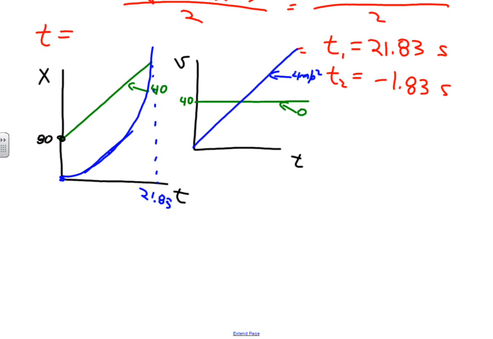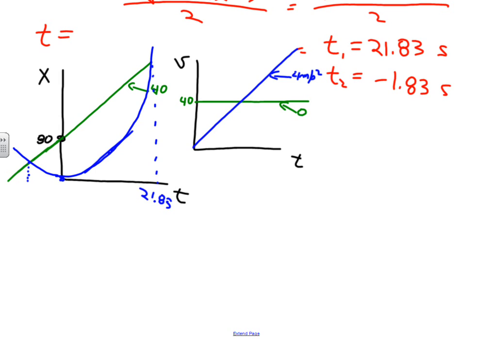I just wanted to show you something kind of neat here, and that is this. If the cop was accelerating at 4, that means in the weird world of negative times, the cop would have been stopped at the origin, but the parabola would have continued into the negative time zone.